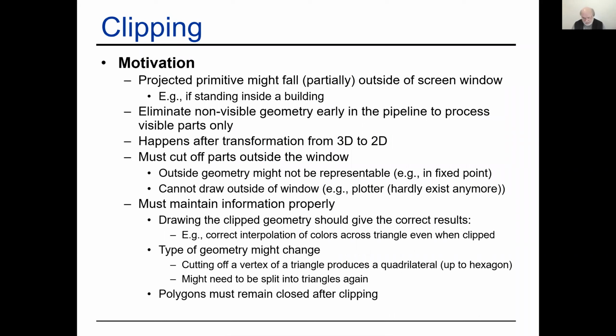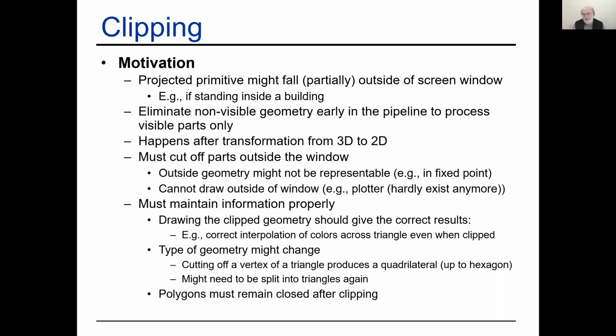It's essentially starting already with what I started saying here. If you project primitives, triangles, lines, whatever, onto a 2D screen, they might fall partially inside and partially outside of the window that we will at the end eventually render. And at some point, we need to eliminate the parts of the geometry that are outside of the window, so that are not visible.